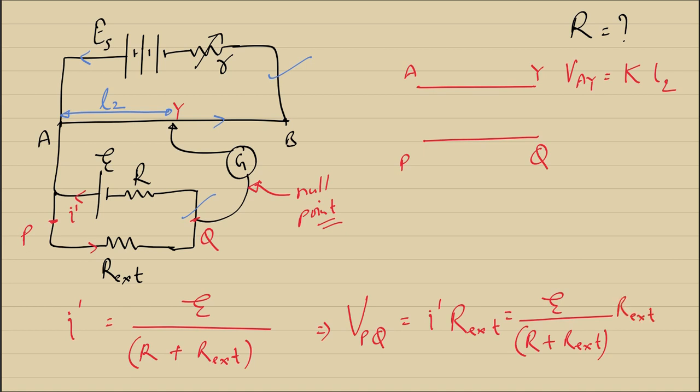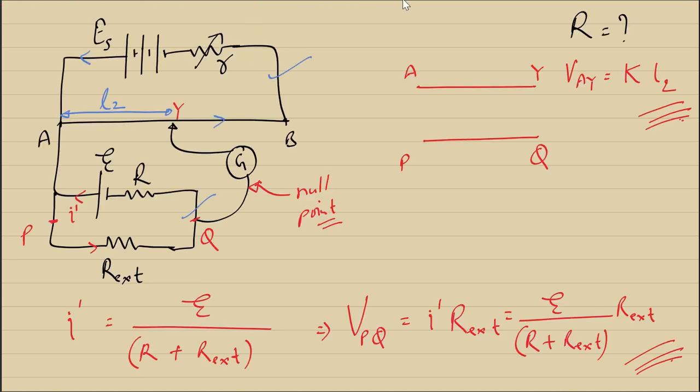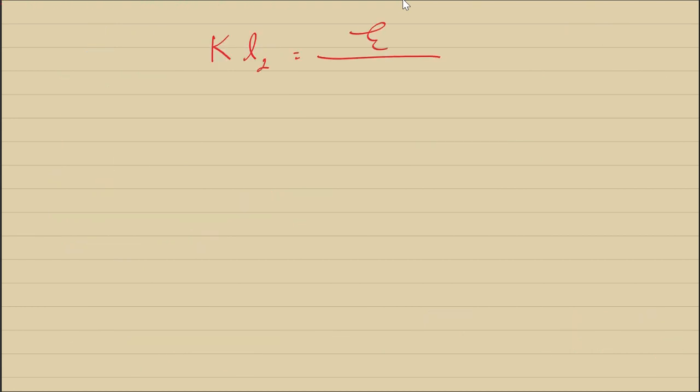Now, using the concept of null point, we can say this value K L2 and this value VPQ should be equal to each other. So we are going to equate those two values. I am writing K L2 equals, from the previous values, E upon R plus R external into R external.